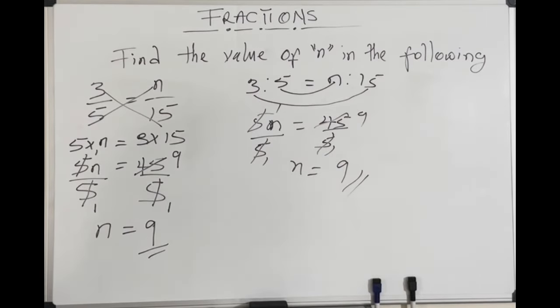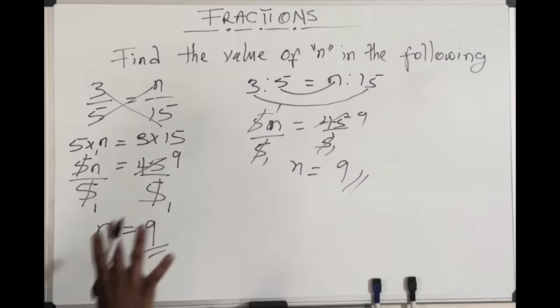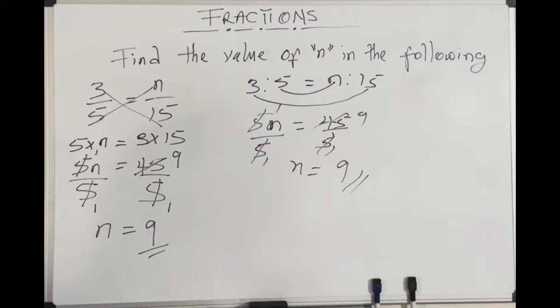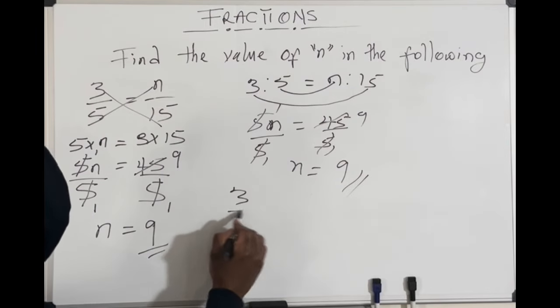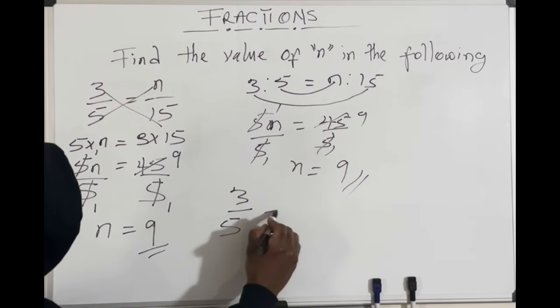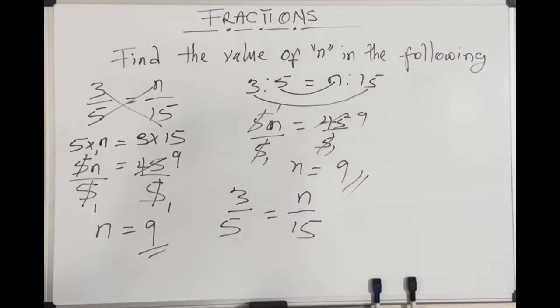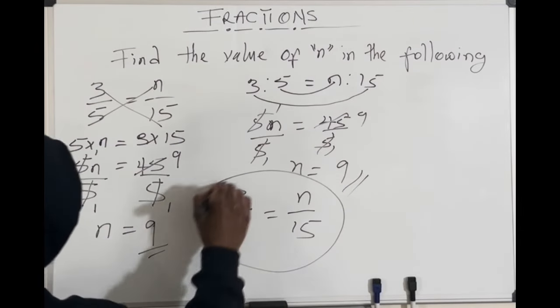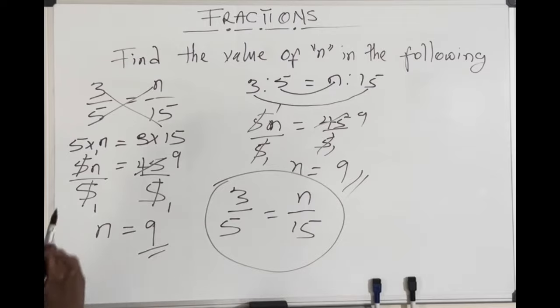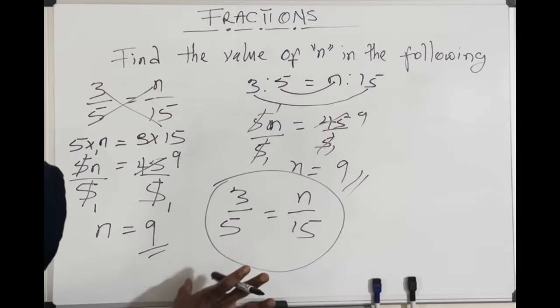Also, we have a simplest way, because if you are running out of time, you could just go through like this. 3 over 5 is equal to n over 15. You look at the question and analyze it.